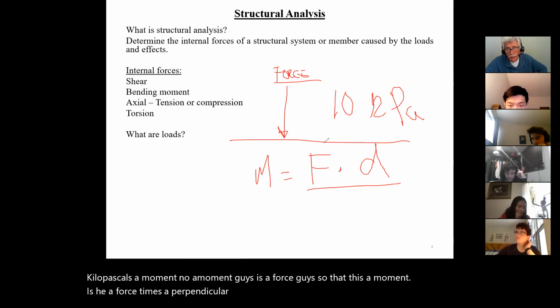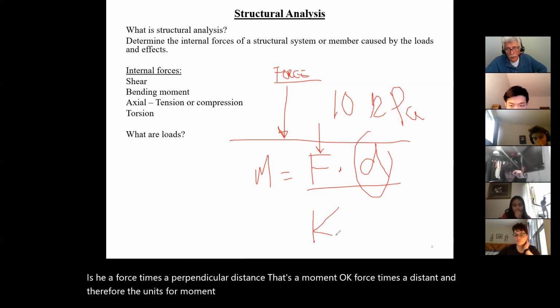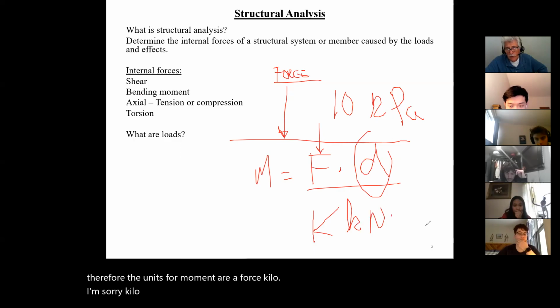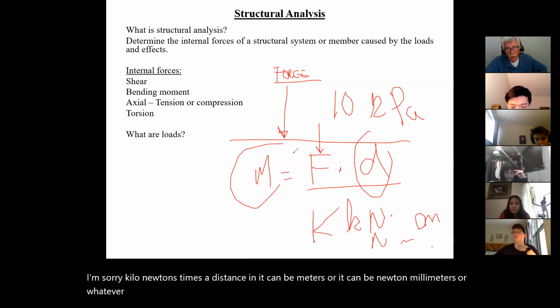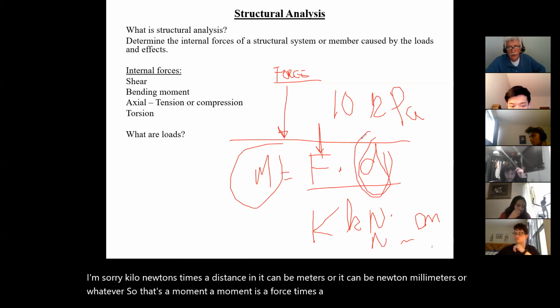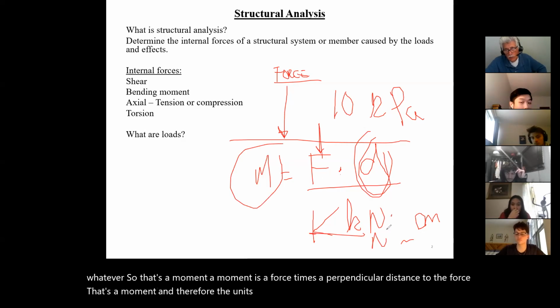That's a moment, okay? A force times a distance, and therefore the units for moment are a force, kilonewtons, times a distance, and it can be meters, or Newton millimeters, or whatever. So a moment is a force times a perpendicular distance to the force.